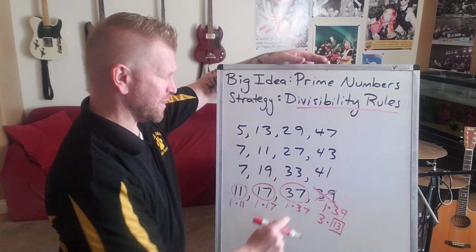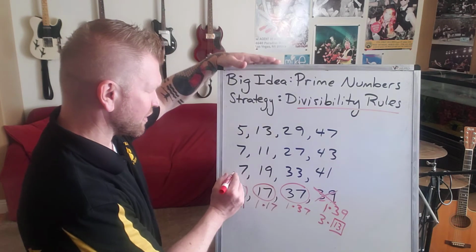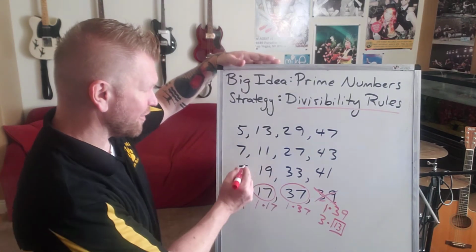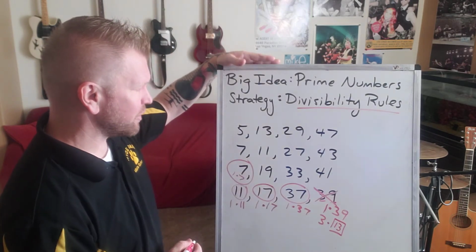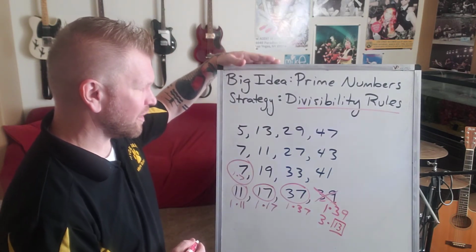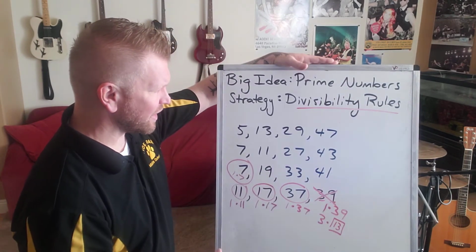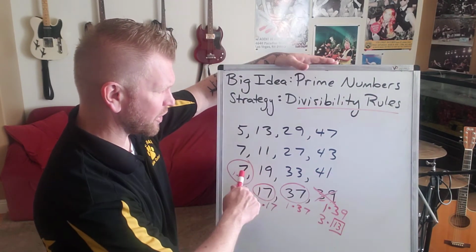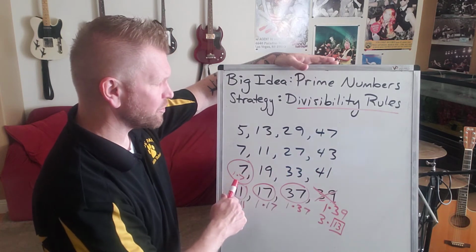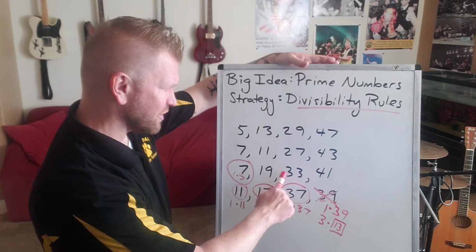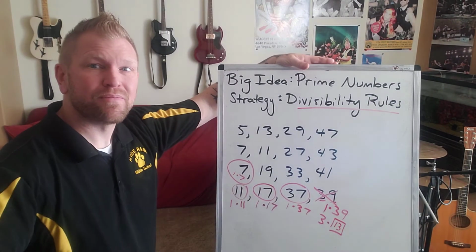Okay, so what about this list? Is this all primes? So 7, you could do 1 times 7. Check your divisibility rules, you'll find out 7 is a prime number. All right, so check these. I'll tell you this, that 3 of these are prime, but one of them is divisible by 3, just like 39 was divisible by 3. Can you find the one of these numbers here that's divisible by 3?